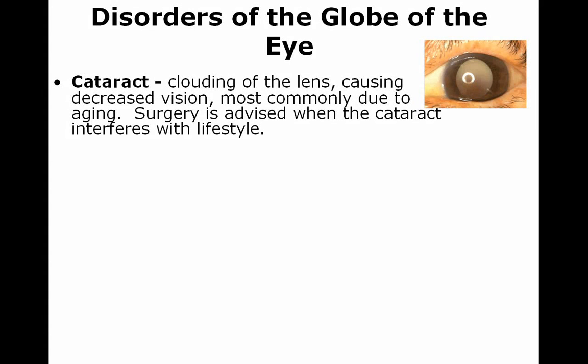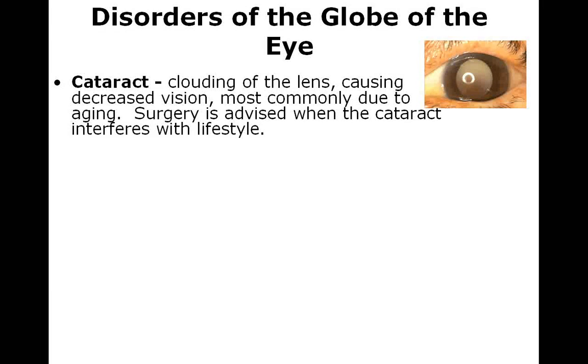When a person has cataracts, their lens has clouded with a substance that just appears to be like looking through dirty glass. You hope that if you have a window to look through, it's crystal clear, you can see through it. When there's a cataract, the vision's decreased because the lens they're looking through is cloudy.